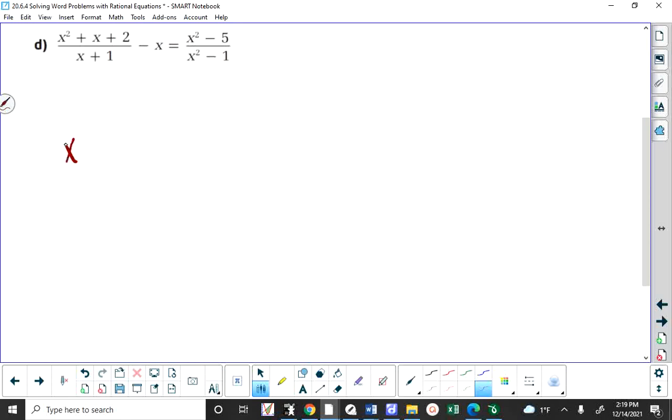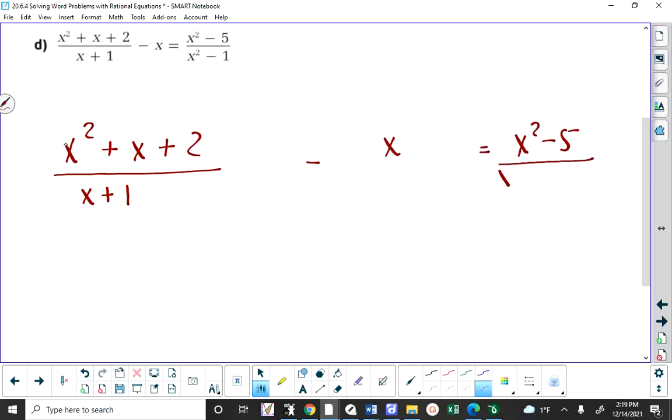Okay, so we have, I see why this question is being asked. We have this, and then it's minus x, and it's equal to x squared minus 5 over x plus 1, x minus 1. And I hope you see, Lynette, that the common denominator will be x plus 1, x minus 1.